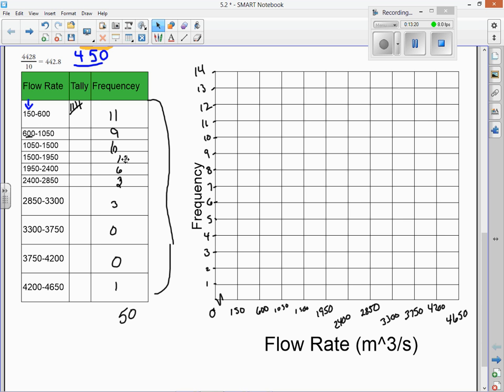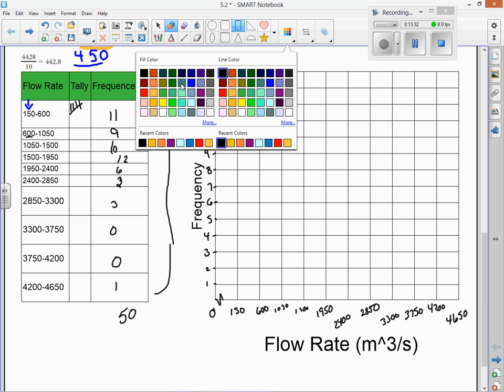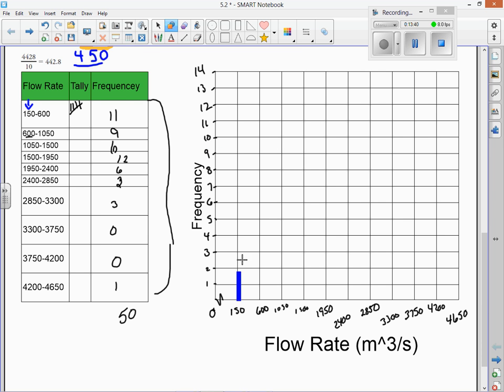Frequency, our highest frequency is 12, so I gave a little more space up there. And now we're just going to complete each bin. So this one goes up to 12.